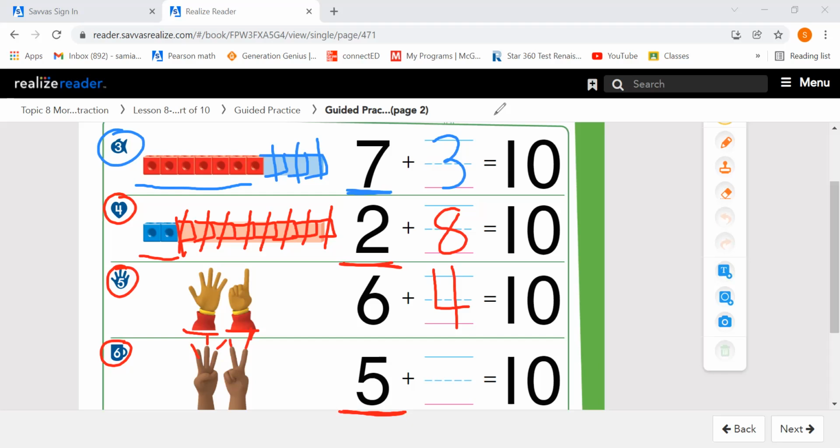Let's count with our fingers. Let's start at 5. Put up your fingers as we count. 6, 7, 8, 9, 10. How many fingers did you put up? 5 more. So 5 plus 5 equals 10.